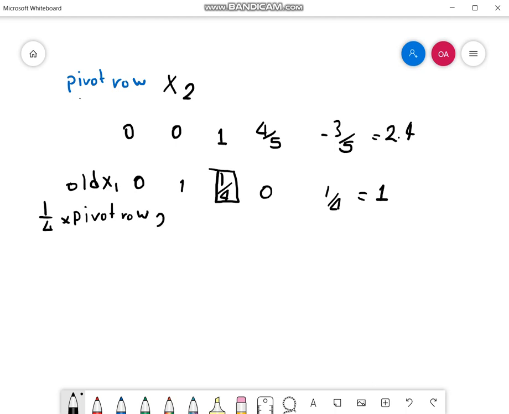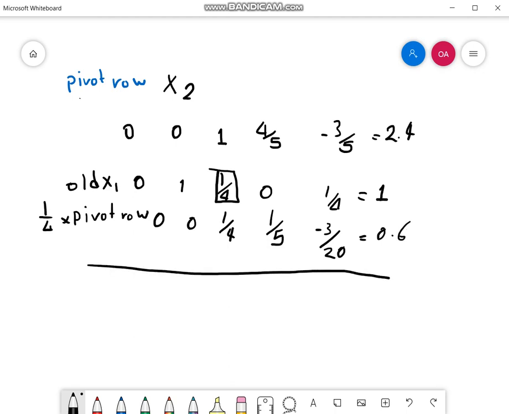So this is 0, 0, 1/4, 1/5, minus 3/20, which is equal to 0.6. Then I subtract them from each other. So my new x1 is going to be 0, 1, 0, minus 1/5, 0.4, which is equal to 0.4.